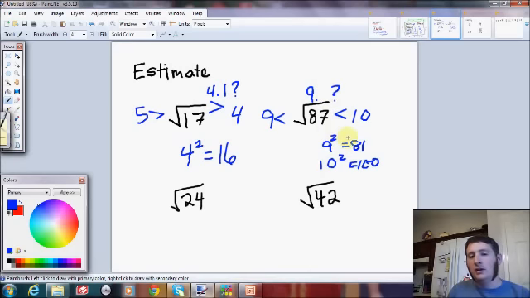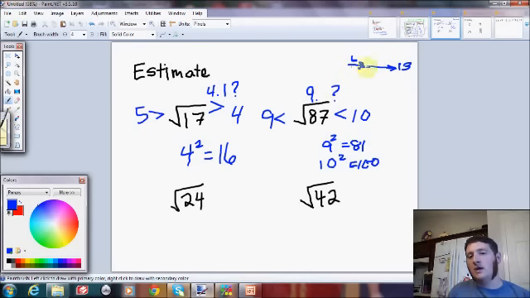Well, it's clearly 81 is a lot closer to 87 than 100 is. These are 6 apart, these are 13 apart. So this is 6 away and this is 13 away, then this piece right here is roughly twice the distance.